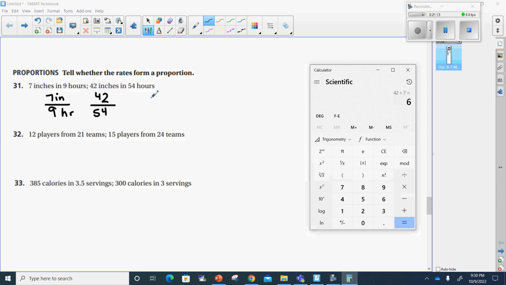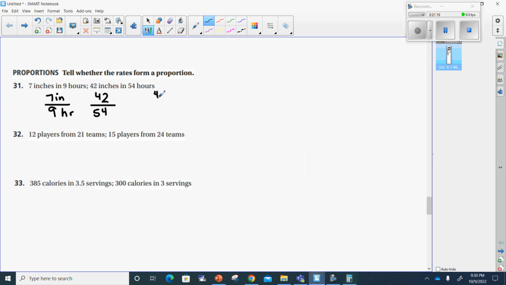So let's see. And then we have 54 divided by 9. Okay, and that's going to give us 6 as well. So that means I multiplied this by 6, and I multiplied this by 6, and that makes it equivalent.